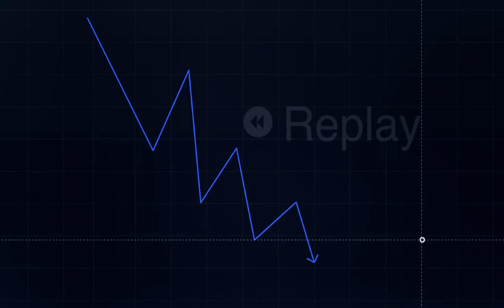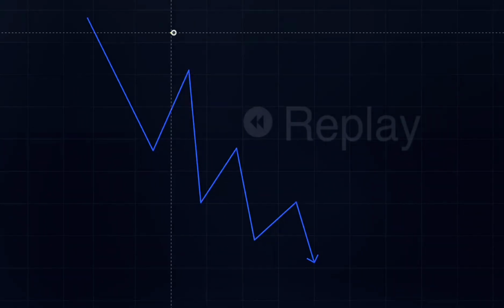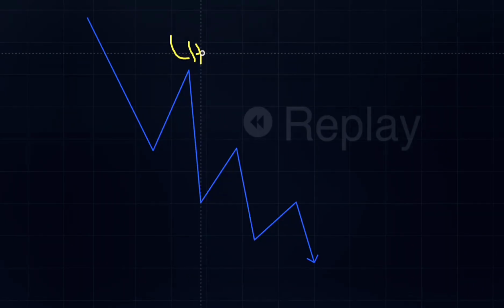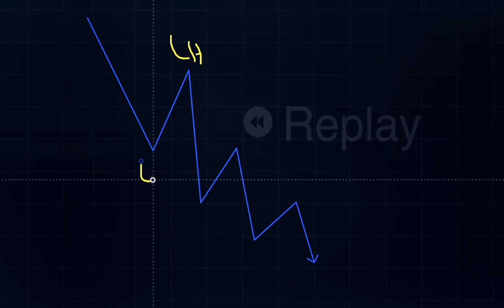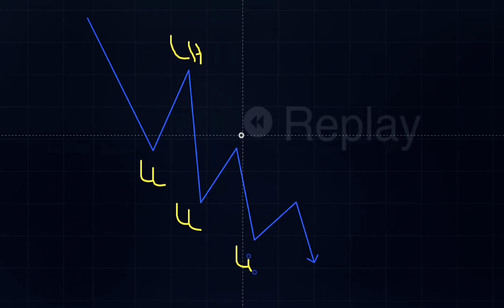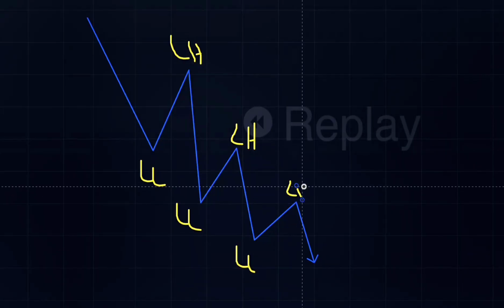As you can see, price has been making lower highs, and making lower lows. These are the lower lows.